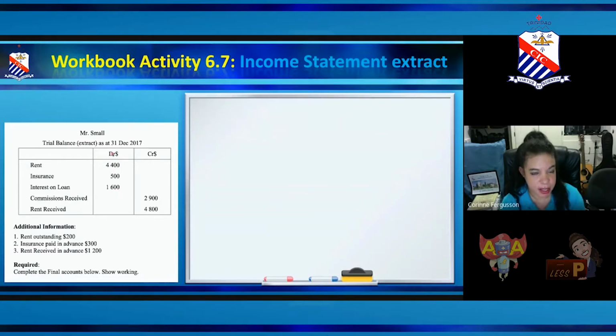These are expenses because it's under debit, and the amounts received, these are revenue or income because it's under credit. And down here you have your adjustments, your accruals and prepayments. And you can see that you have 3 accruals and prepayments.